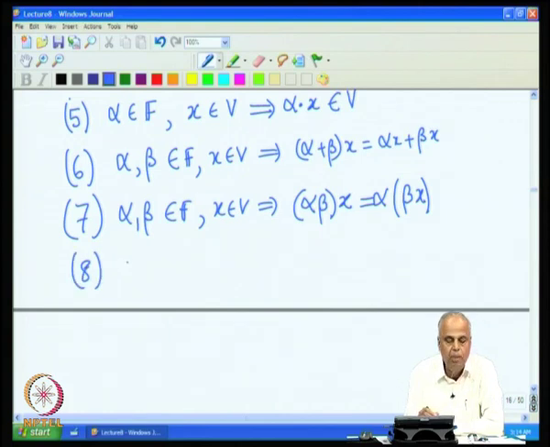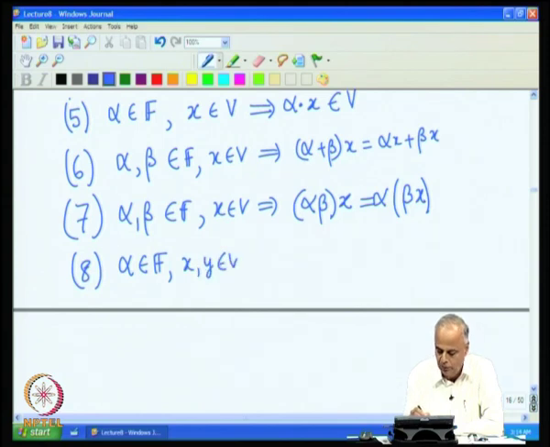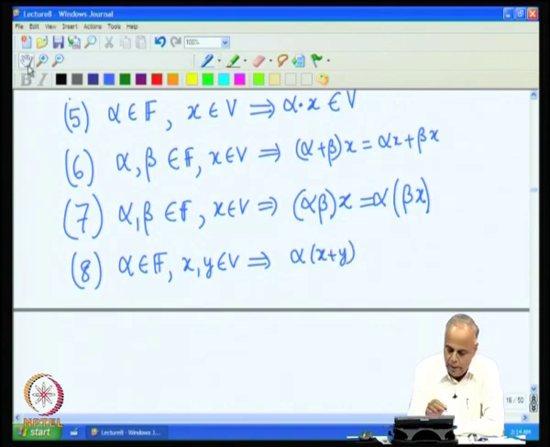And we had that important property which combines scalar multiplication and addition in V. So, we had alpha in F, x and y in V implies alpha times (x plus y). Now, x is in V, y is in V, therefore, this is the addition in V. When we add two elements in V, we get a V element.